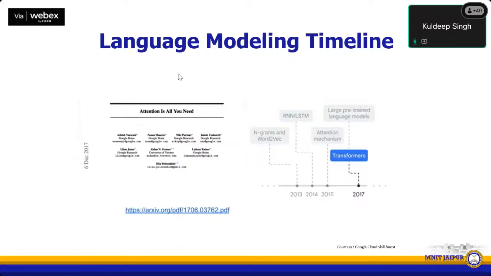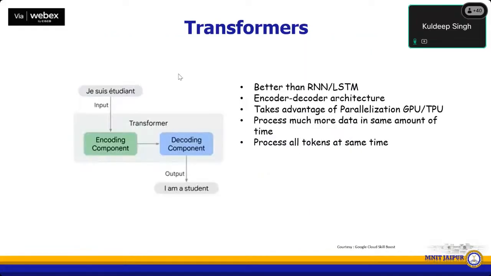This is the paper which I was referring to, and the transformer is an encoder decoder model that uses the attention mechanism. It is better than RNN and LSTM, and it takes advantage of the parallelization of GPU and TPU, so it can process much more data in parallel in the same amount of time.